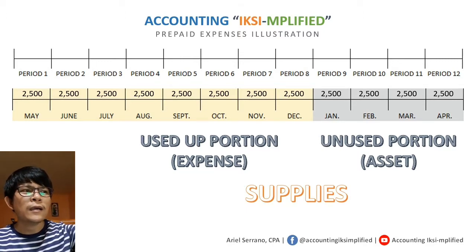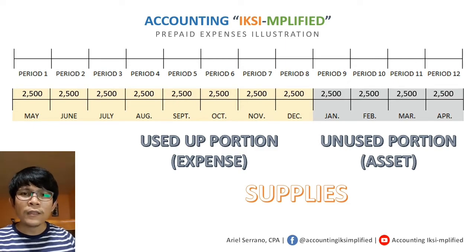And the balance, 4 times 2,500, is 10,000, that is your balance sheet item, the balance of your prepaid expense, which is the supplies account. So this is one approach.